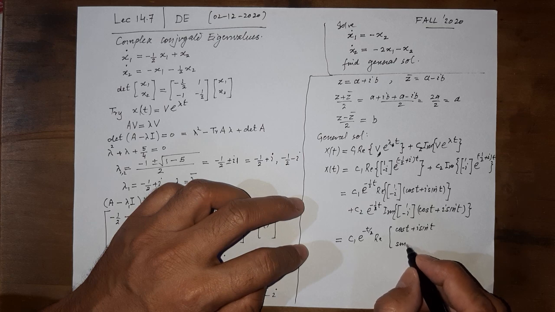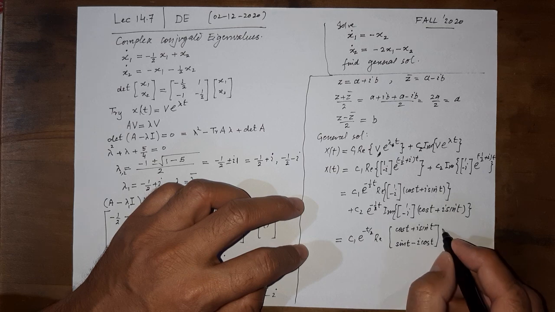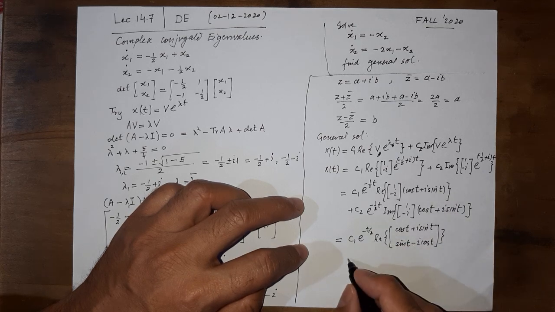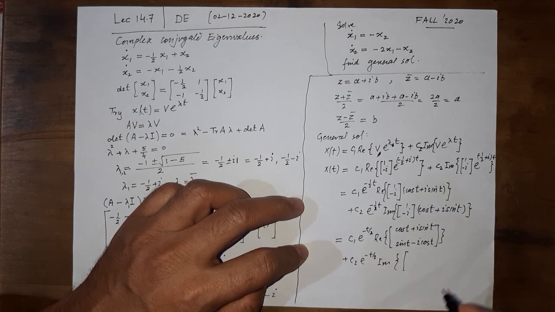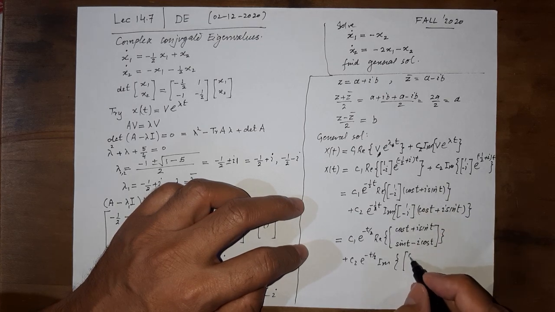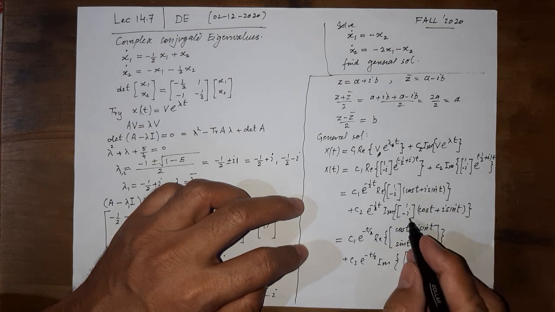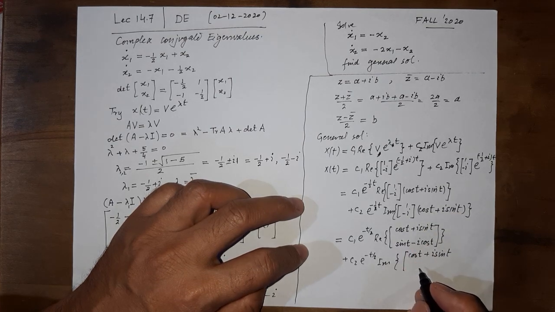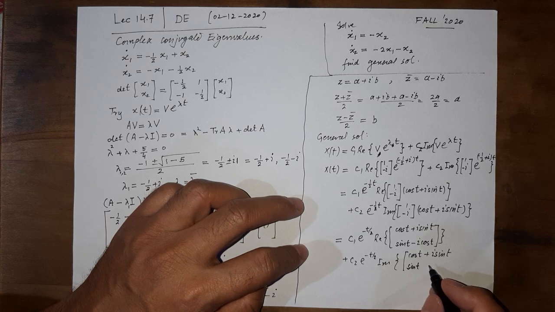So we get sine t minus iota cos t, plus c2 e raised to the power minus t by 2 imaginary part of cos t plus iota sine t. Here we have minus iota. The same thing, sine t minus iota cos t.